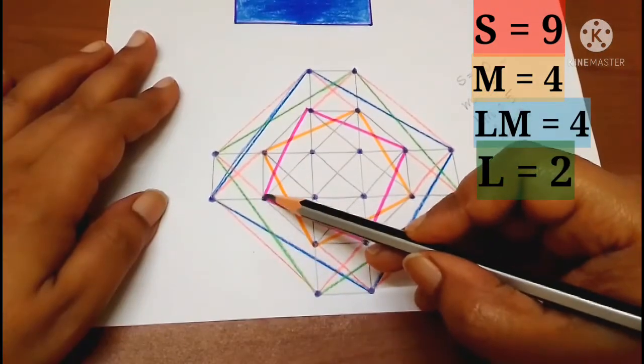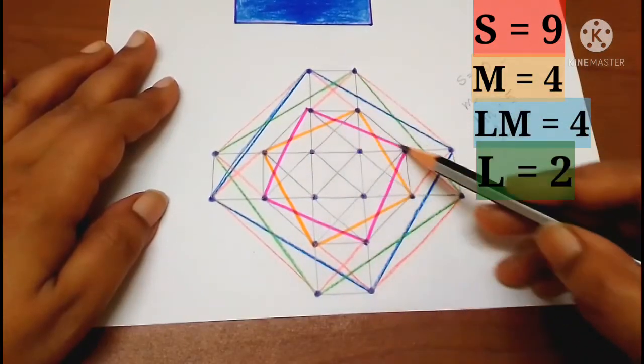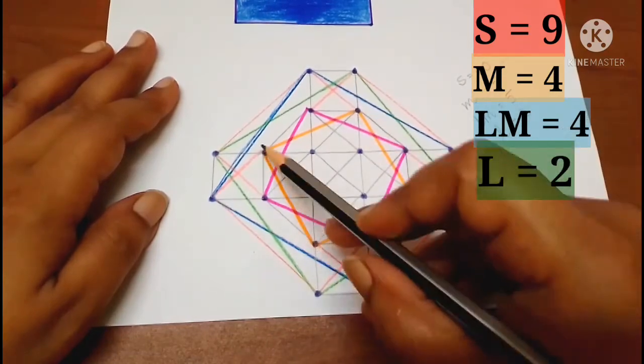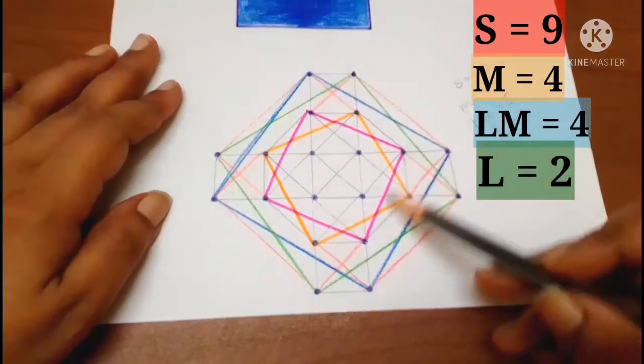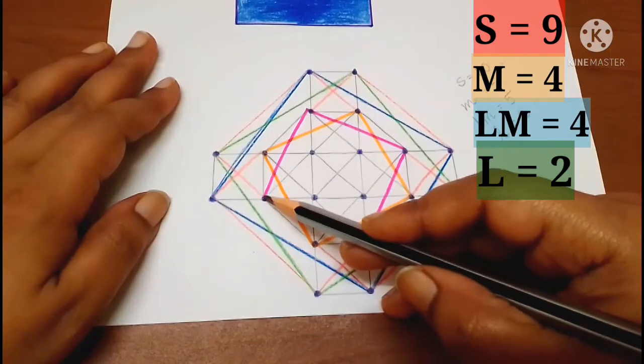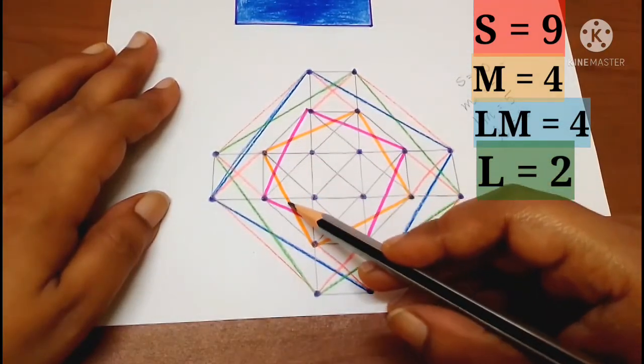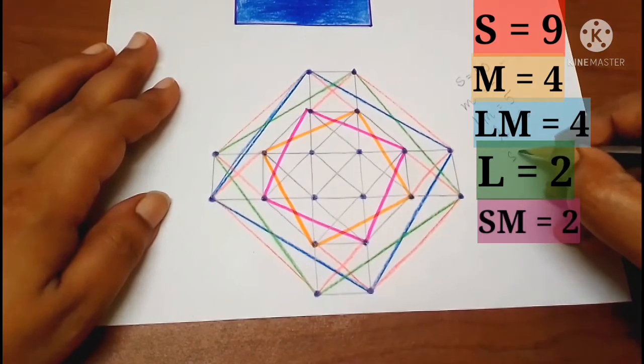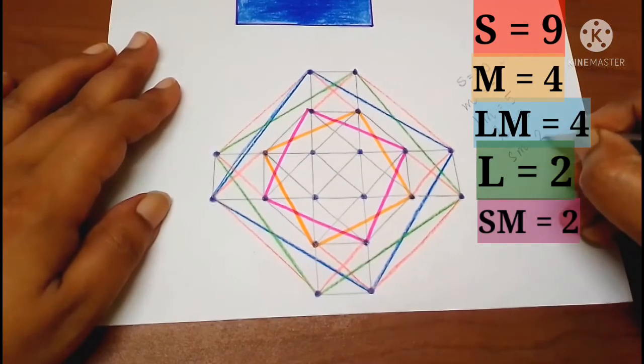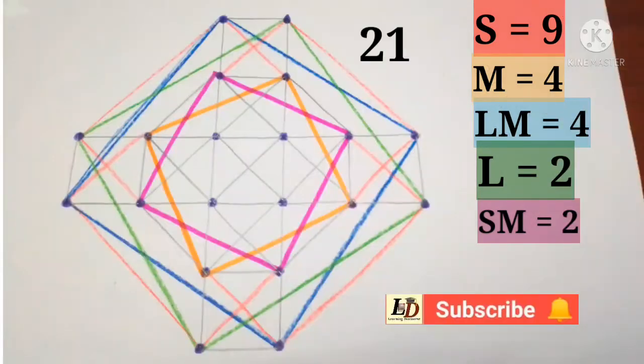So after joining these dots, after that orange one, we get another pink square out of the joining of these dots. Okay, so we get small, medium, two more squares. So in total, we get 21 squares in this given figure.